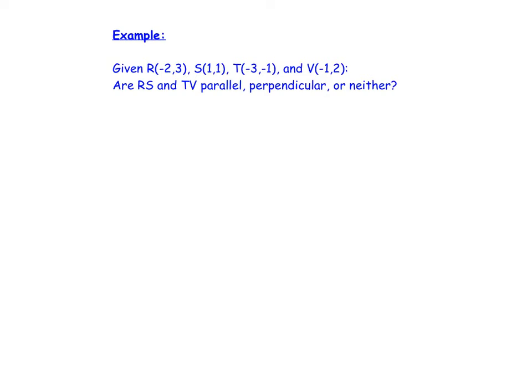So let's do a little slope work here. Let's find the slope of RS. So I'm going to take the y values, 1 minus 3, divided by the x values, 1 minus a negative 2. I get a negative 2 over a positive 3. Can't reduce that.